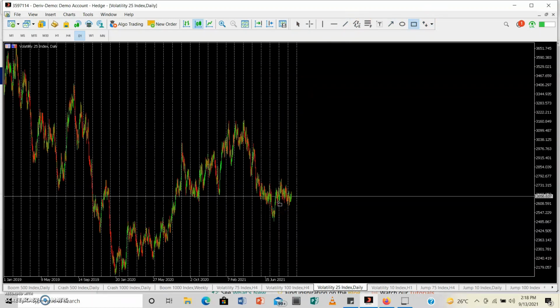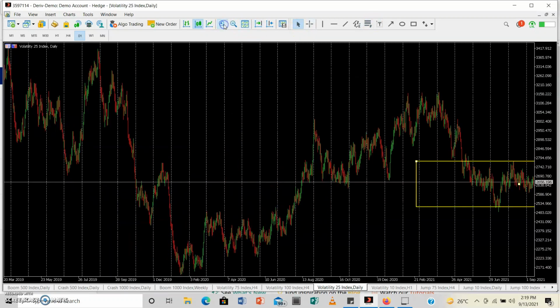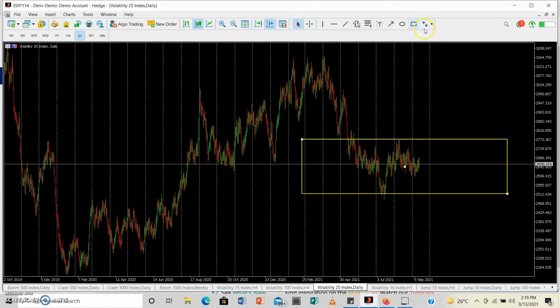From what I see currently, we're experiencing a little bit of consolidation at this point. This whole zone is consolidating, right? There is no clear price movement. Basically, price is ranging between these price points, but nevertheless we can still try to maximize.